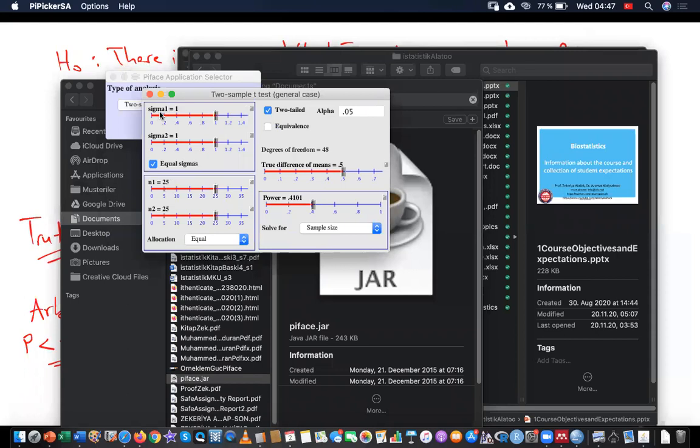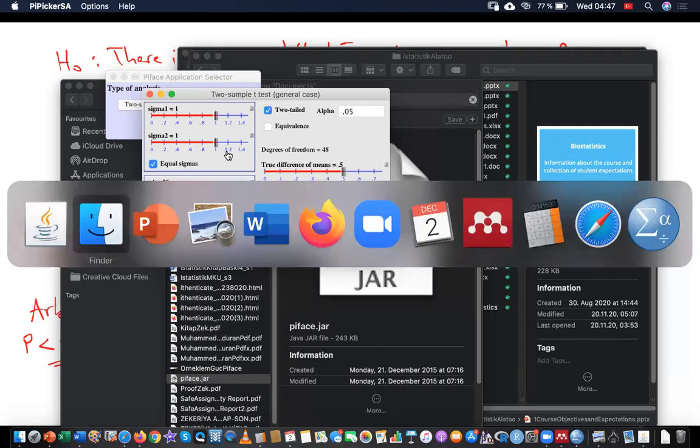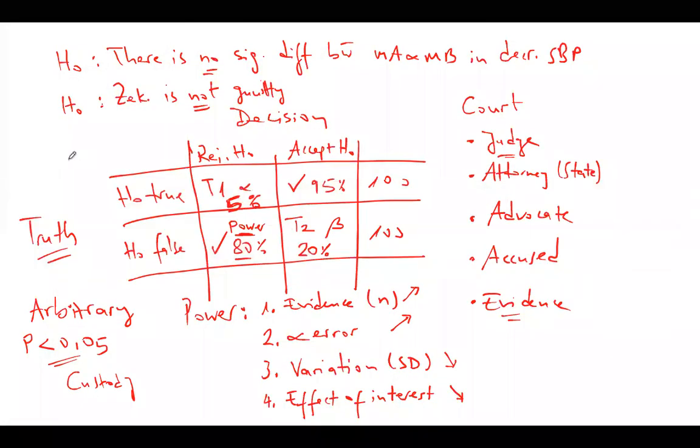So there are the standard deviations of the different groups. To make it easier for you to understand, my example will be blood pressure. I measured the systolic blood pressure, SBP.